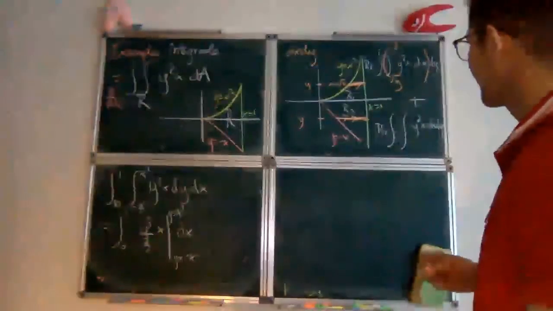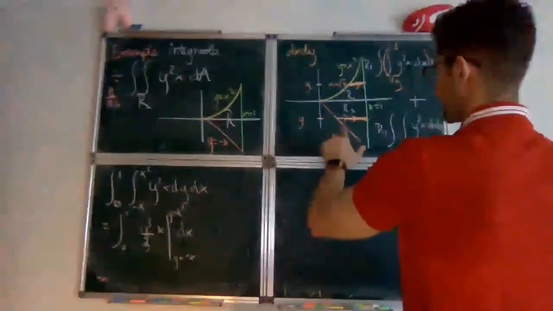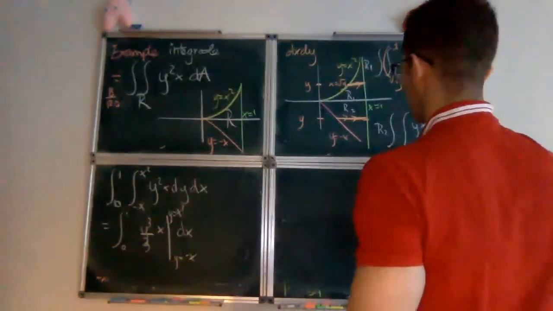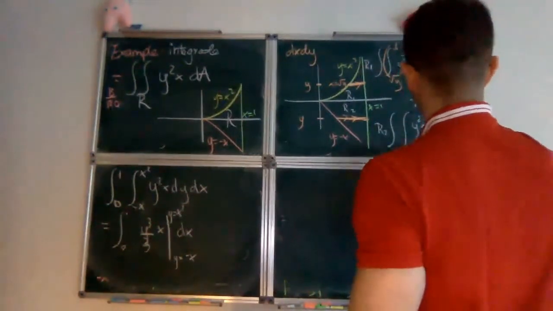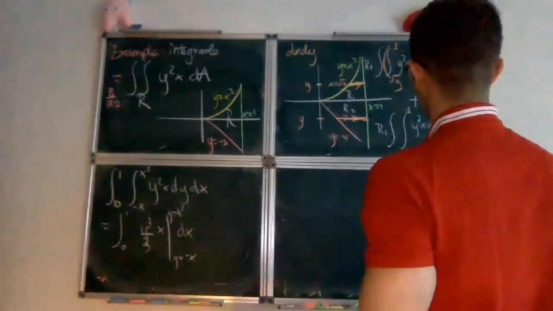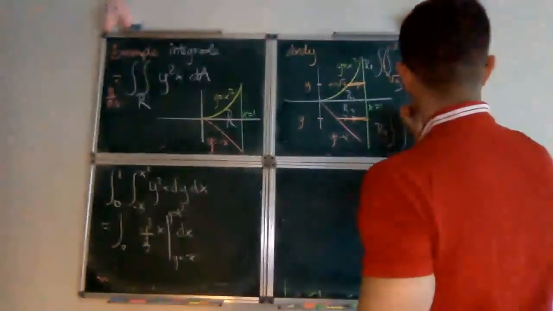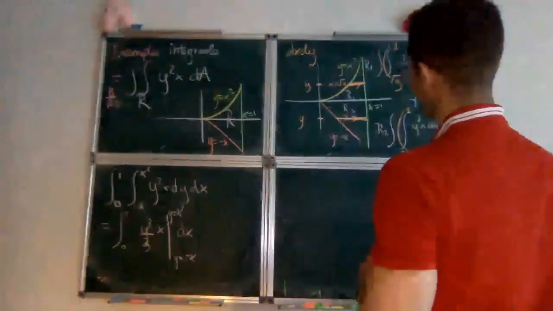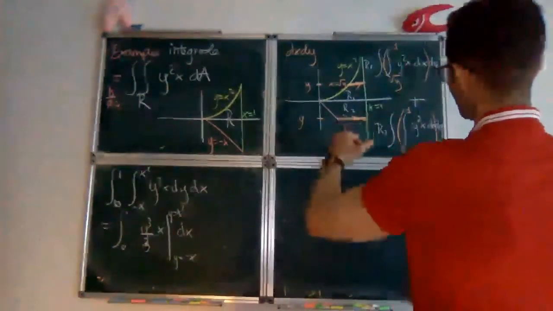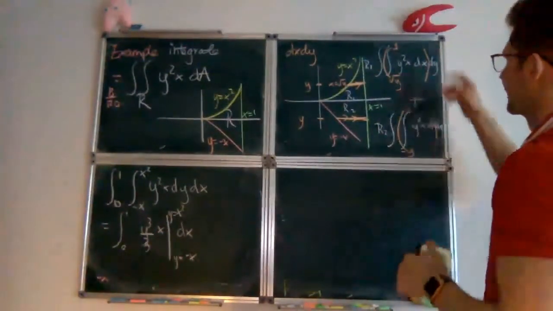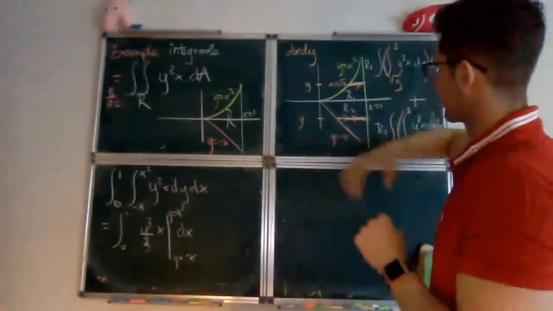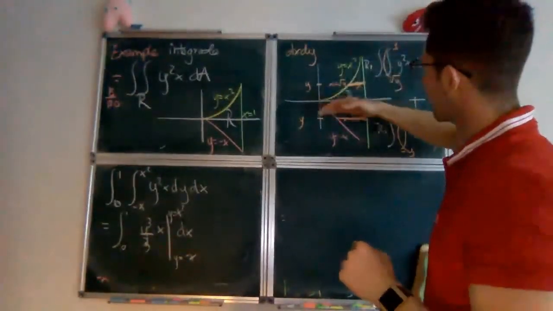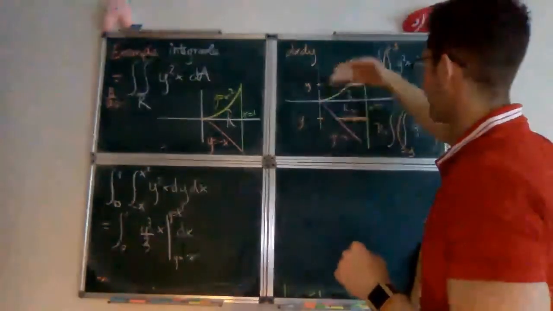And so here, x starts at negative y, which means x equals negative y, and it ends at 1. And then, in both cases, I haven't told you the values for y. For region 1, y is always positive, it's above the x-axis.